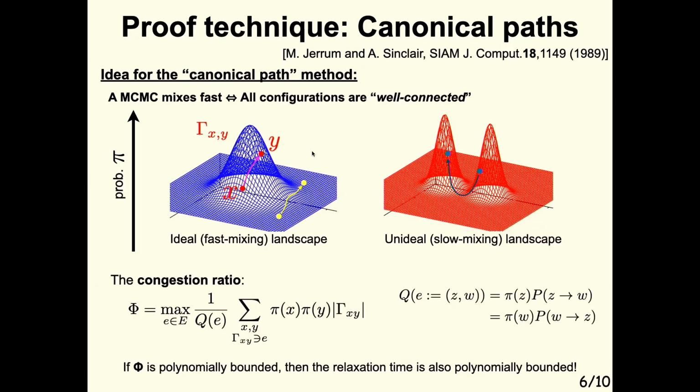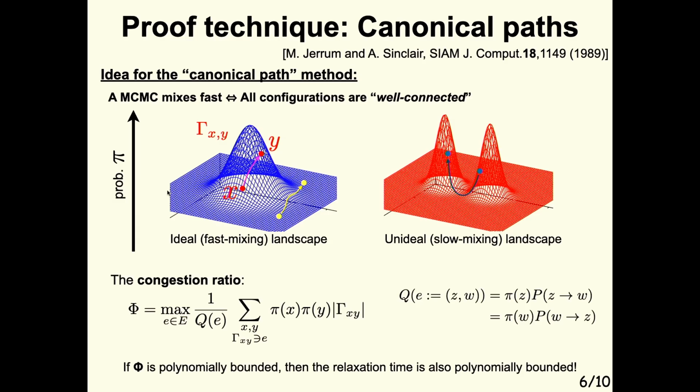The details of this are going to get too technical, so I just want to show the intuition here. The intuition is that if a Markov chain mixes fast, then all of the configurations in that random walk space should be well connected with respect to that random walk that you're considering. So these are just schematics.